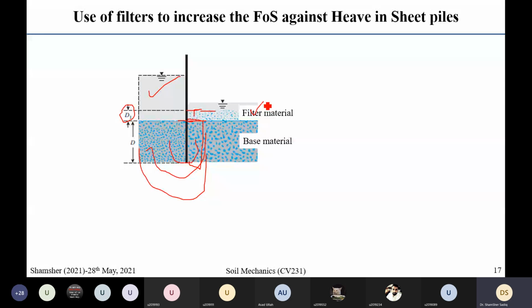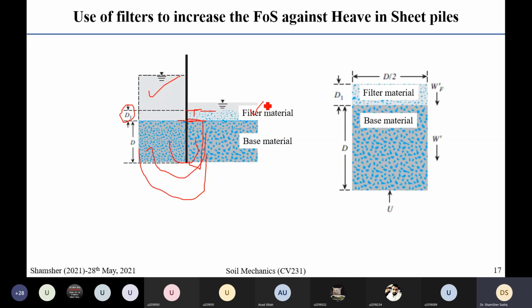This basically prevents the heaving failure which we discussed in our previous slide. So it means gamma d by 2, gamma d, what is w dash, I already told you what is u.